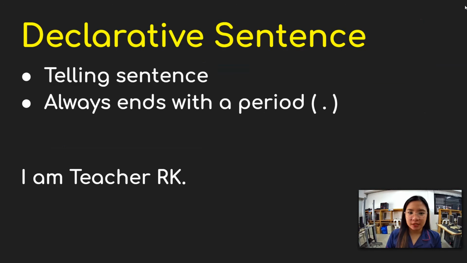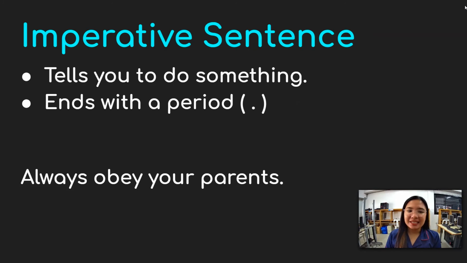We will start our discussion with a declarative sentence. This sentence is also called a telling sentence, and it always ends with a period or a dot. For example, I am teacher RK. Next is imperative sentence.